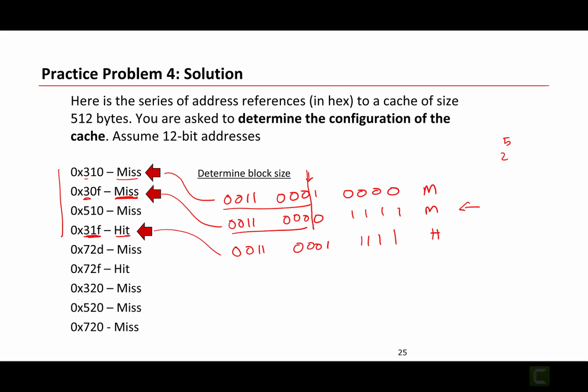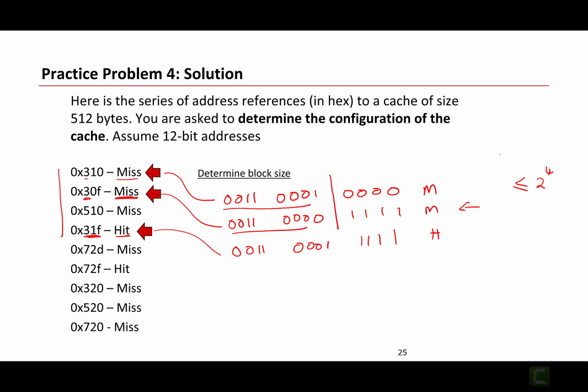Clearly they are not part of the same block, which means they should have different tags, which means clearly the block size has to be smaller than 2 to the power of 5. Perhaps the block size cannot be bigger than 2 to the power of 4. So from just these 2 accesses I can infer that the block size should be less than or equal to 2 to the power of 4.